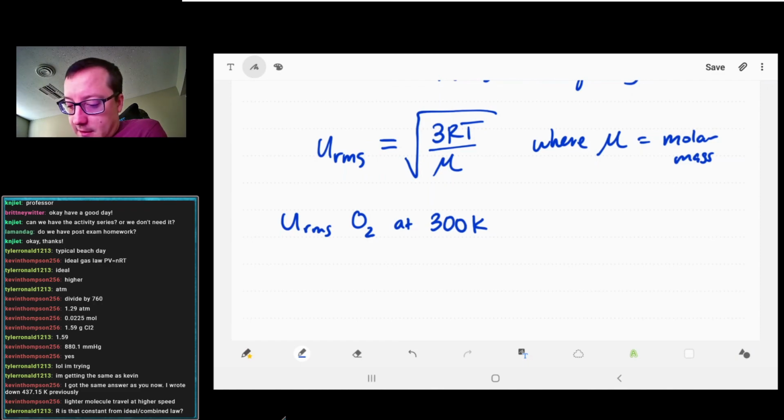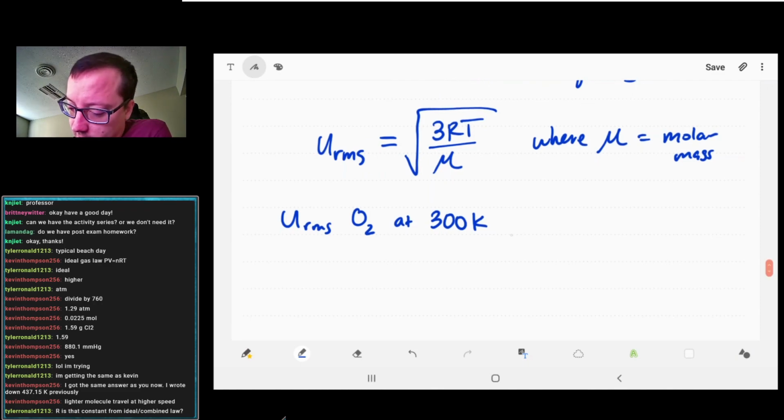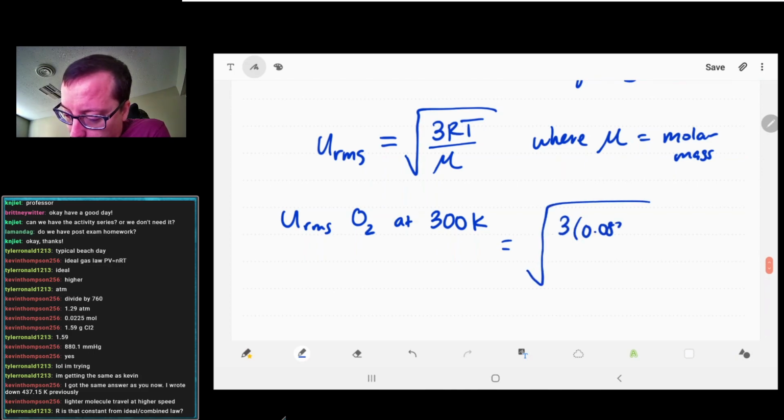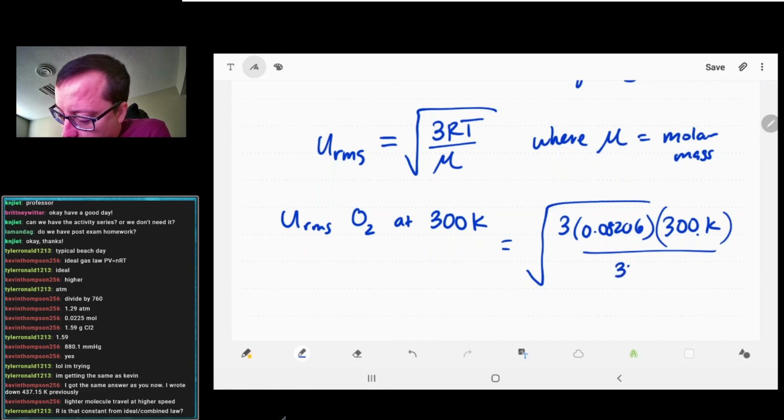Alrighty, so let's go ahead and see what we can do here. The temperature, I think, is already in Kelvin. And then we have our molar mass, which is going to be 32 grams per mole.